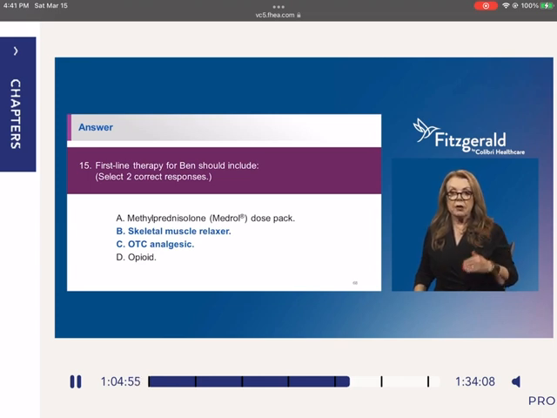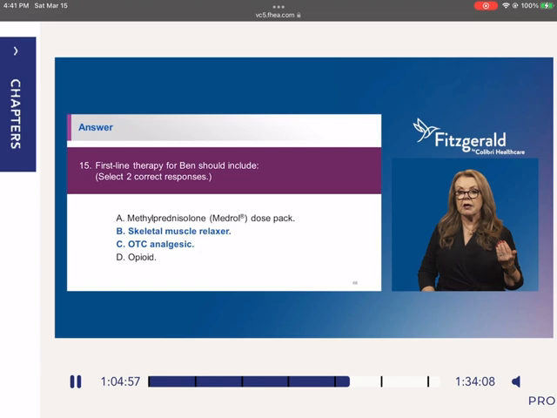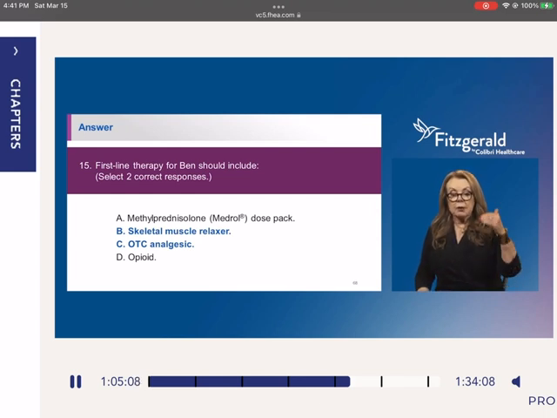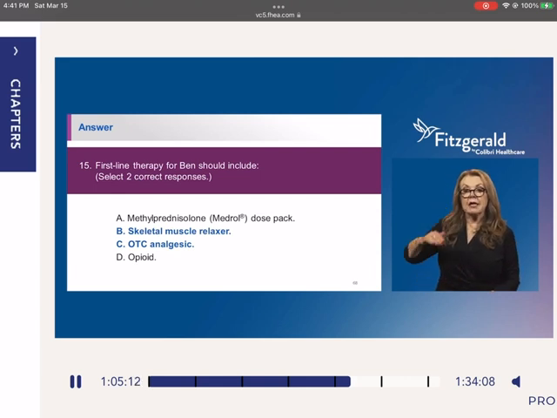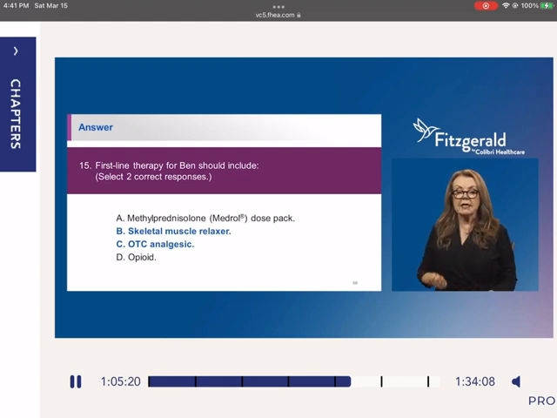The other part is when the American College of Physicians came out with their evidence-based guidelines for low back pain therapy a few years back, the most current set of guidelines we have, they advised not to use systemic corticosteroids for acute low back pain in a scenario like Ben, because there's no clinical benefit demonstrated and it still is steroids.